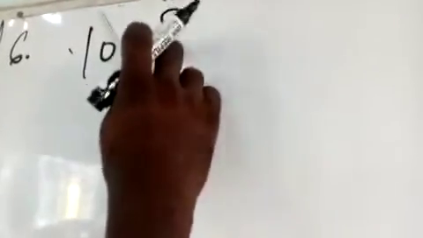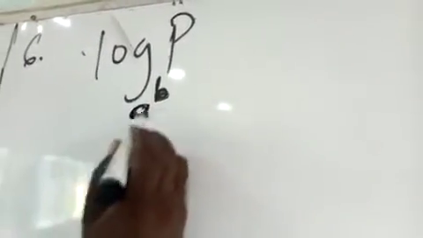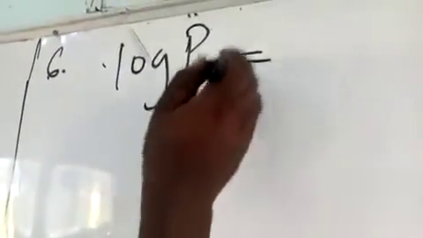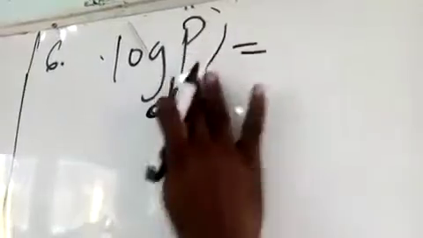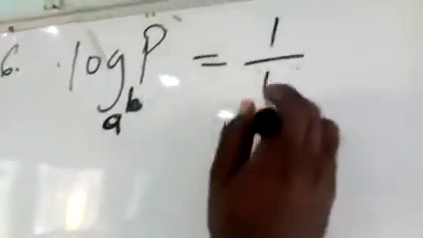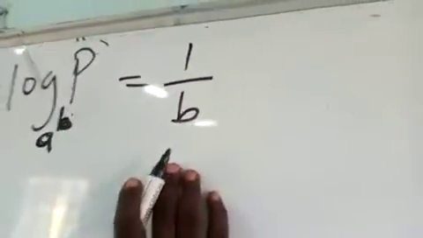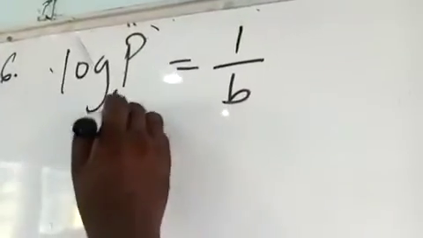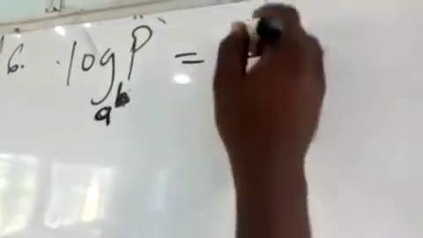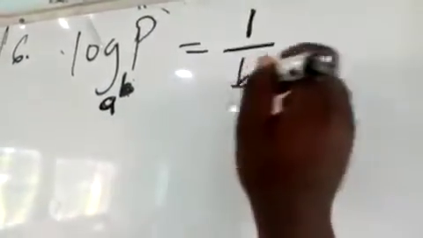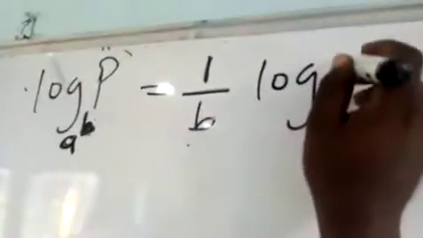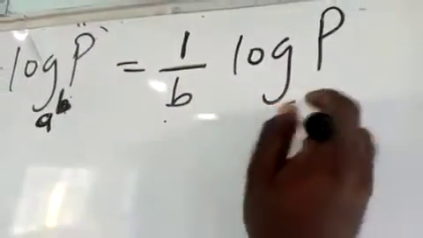But this time around, it is not the number that is carrying the power, but it is the base A that is carrying power B. What do you do? You also shift it to the back, but the law says that it will be reciprocated. That is, that power of the base will take the inverse, 1 over B. Then you can now say log P base A.